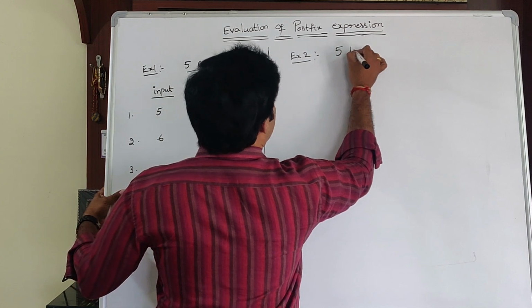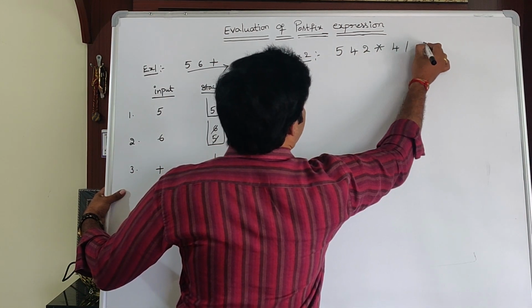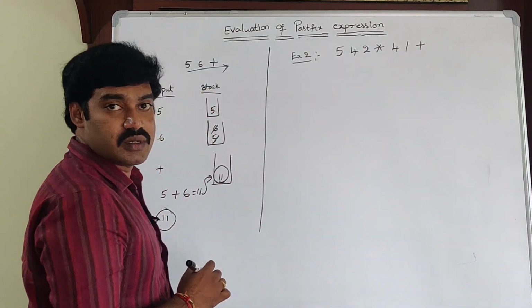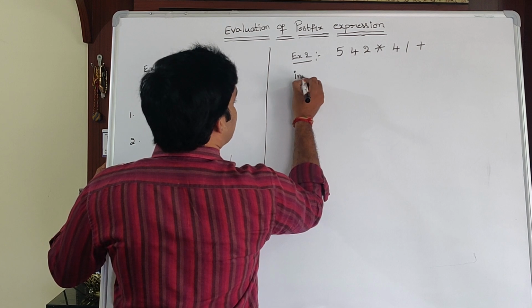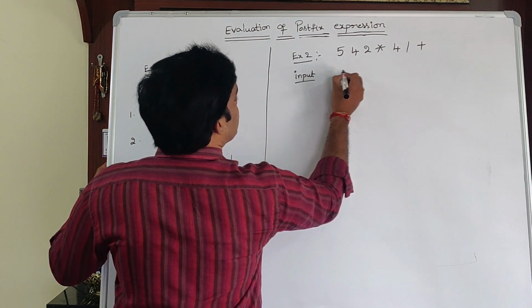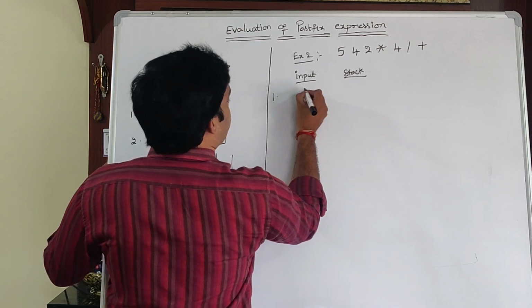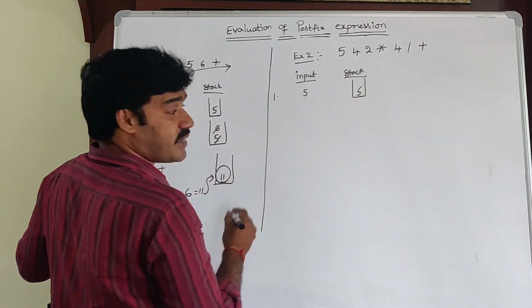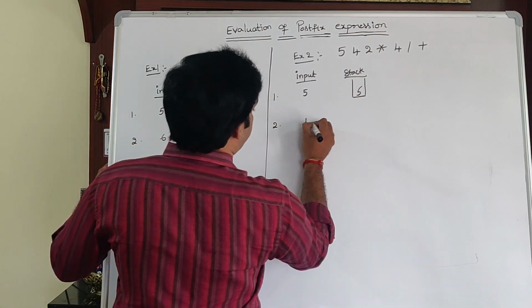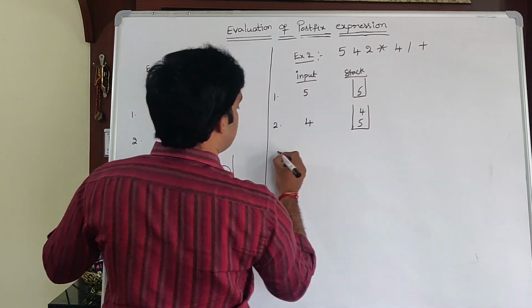5, 4, 2, star, 4, slash, plus. This is your postfix expression. Evaluate this postfix expression, input as well as stack data structure. First one is 5. 5 is an operand, that's why push into the stack. Next, second one is 4. 4 is also an operand, so push into the stack.